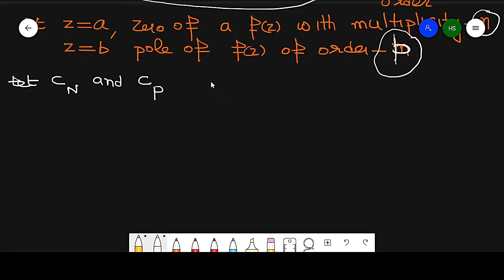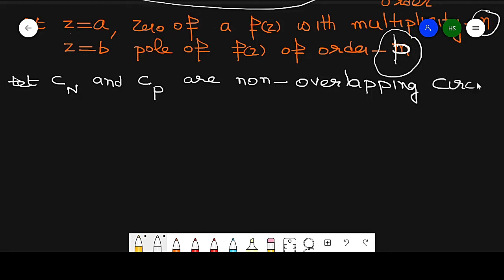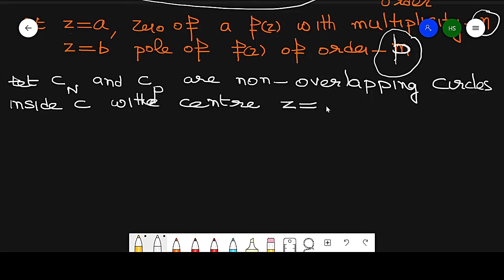These are non-overlapping circles inside C with centers z equal to a and z equal to b respectively.